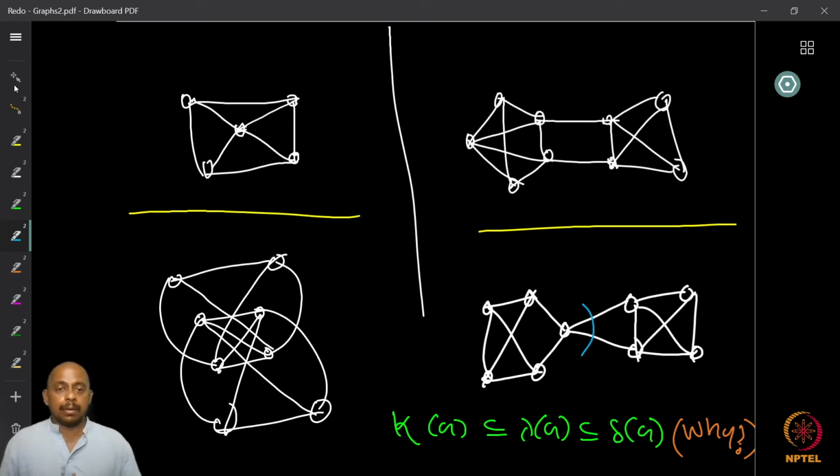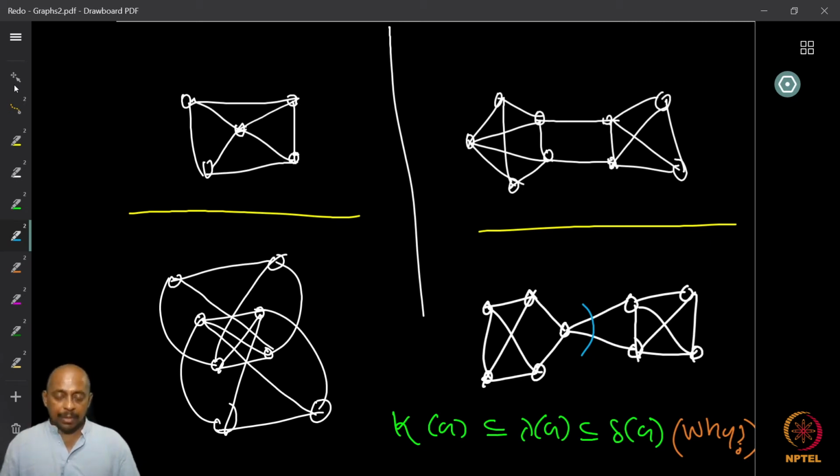You can verify this and look at several examples. I encourage you to look through several examples before continuing further. Then you will observe the following: for any graph, the vertex connectivity kappa of G is upper bounded by the edge connectivity lambda of G, and this is upper bounded by the minimum degree of the graph.